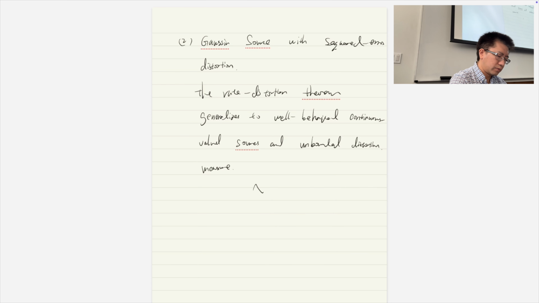Here we assume that x and x hat are all in the real domain, and here the distortion can be unbounded. So let's introduce a theorem to describe the rate distortion function for these sources, for the Gaussian sources.